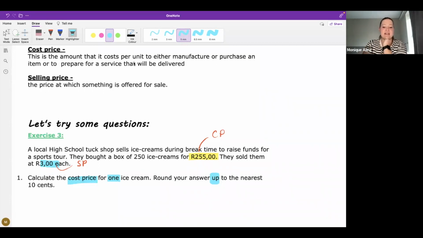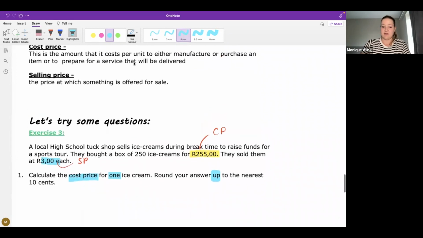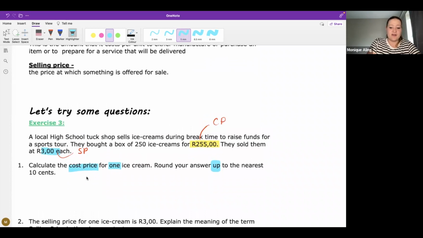So we can see that it is 255 Rand for 250 ice creams. To work that out, we will need to say 255 divided by 250.